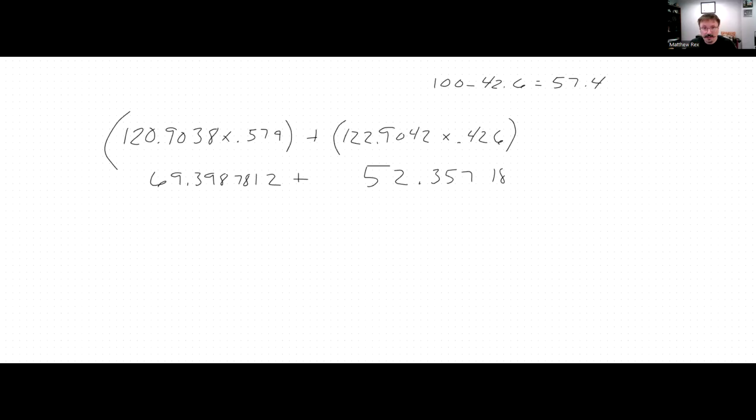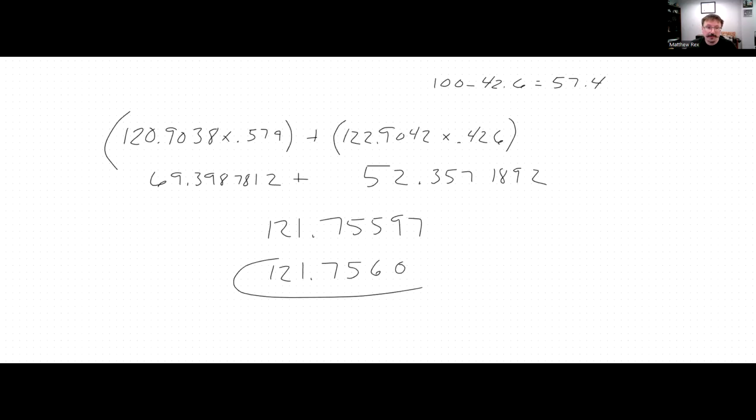When I add them together, I get that, and then, well, technically this. And if we go out 4 digits after the decimal, that should be our average atomic mass right there.